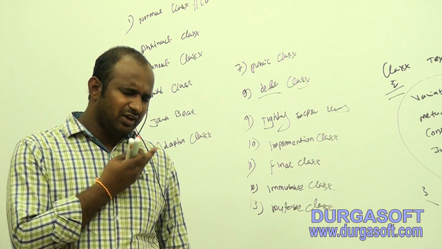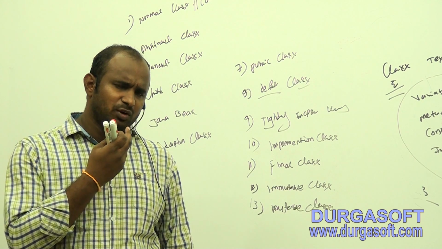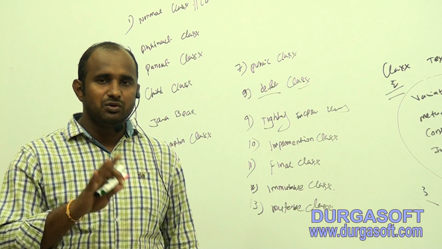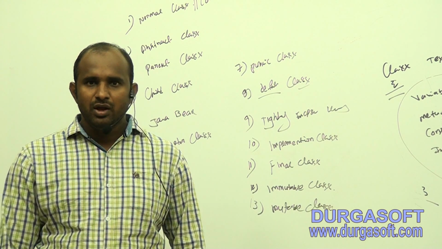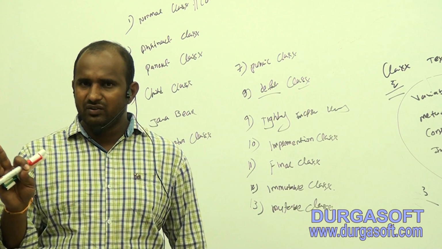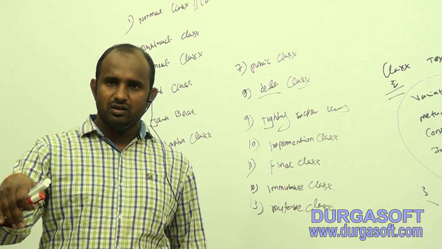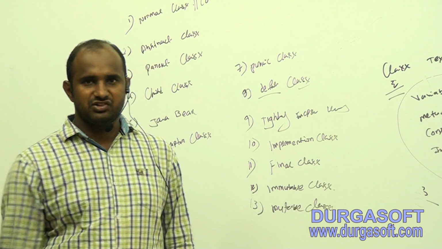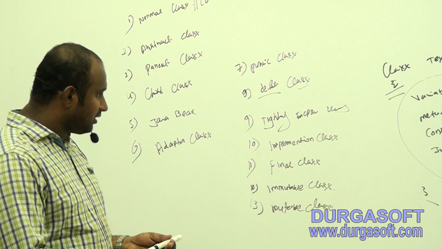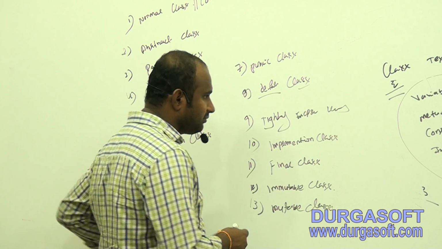Once you create the string object, it is not possible to perform modifications on the string object. That behavior is called what? Immutable. Once you create the StringBuffer object, it is possible to perform modifications on the existing object. That behavior is called what? Mutable nature. So total how many classes here? 13 classes. Next one is the 14th class here.